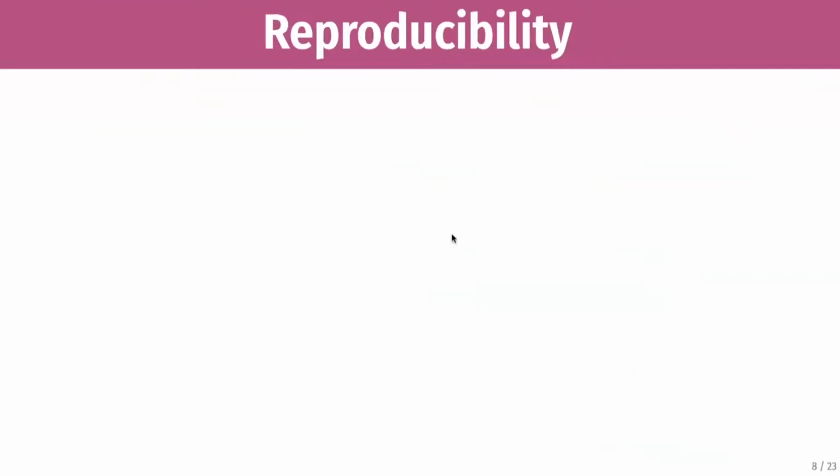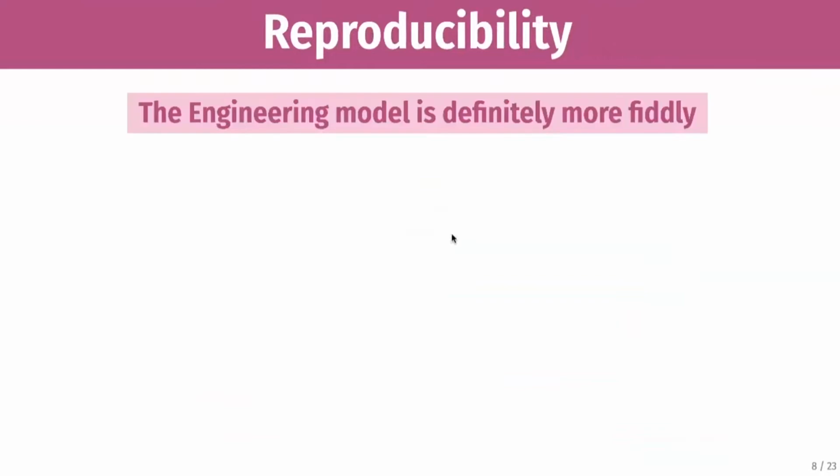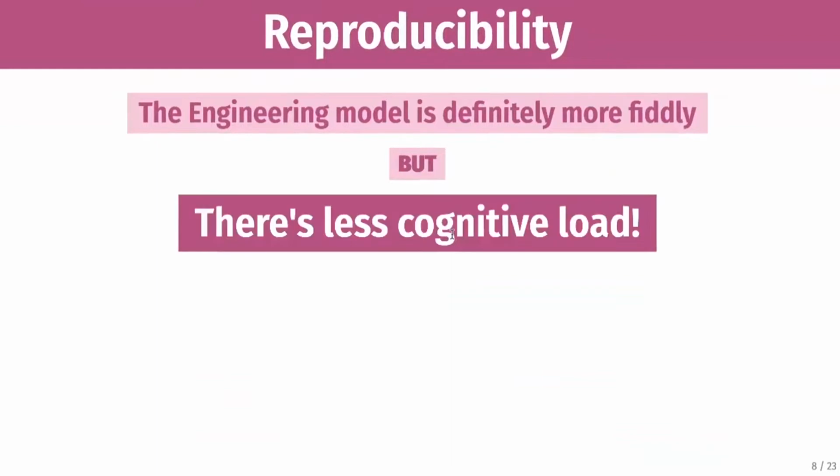So this engineering model is more fiddly, and it's kind of trickier to use initially before you get the hang of it. But there's a lot less cognitive load while using it. What that means is you don't need to remember to update your single number in the middle of a paragraph somewhere. You don't need to remember to delete all of your pictures and update the new pictures.